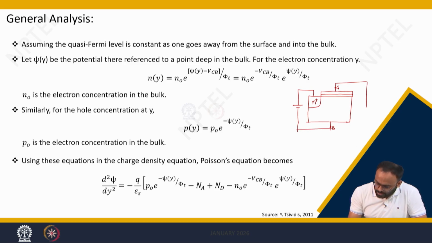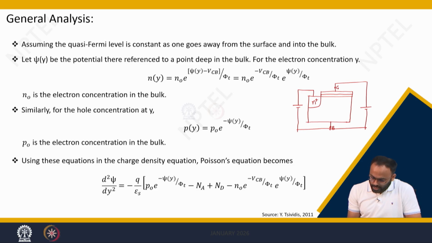By analyzing the band diagrams and the surface charge equation, we said that this surface potential is actually influenced by this VCB, and hence the attractiveness of this surface is defined by whatever total potential is developed between this surface and bulk, minus VCB.